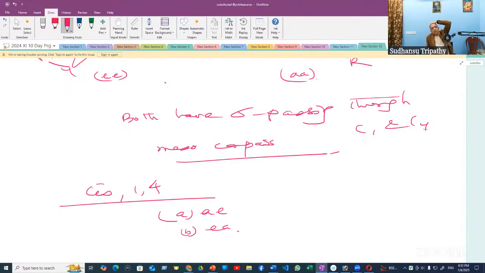So the question of enantiomerism doesn't arise. But in the case of trans 1,3, AE and EA, there is a dissymmetric molecule, but these are all, both cis and trans, symmetrical.